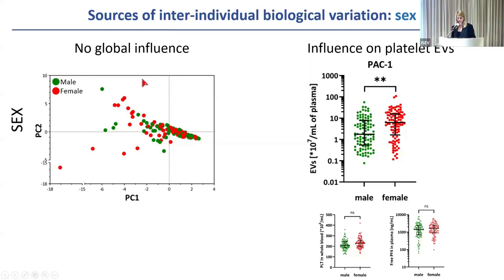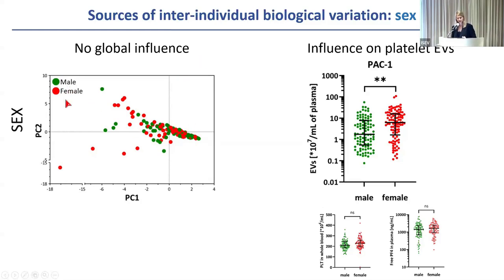This is presented here in this principal component analysis, where the input data were all of these different concentrations of EV subsets that we measured. The population looks quite compact, so we couldn't see anything that would separate the population into 2 cohorts.